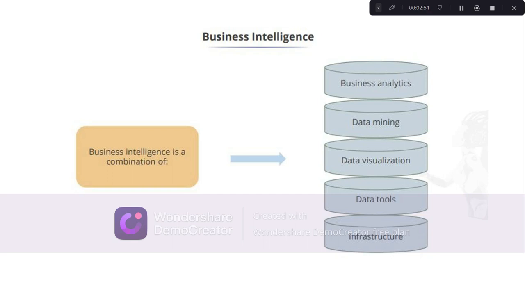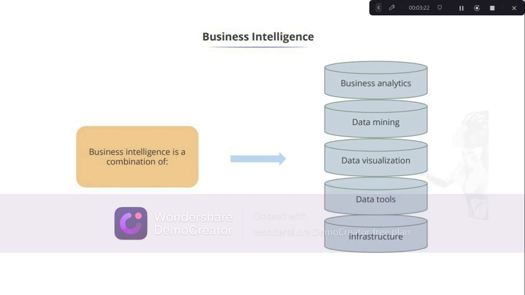So it is a combination of everything. And data visualization, we will get deeper into later. Data tools is a series of charts, maps, and diagrams designed to collect, interpret, and present data for applications and industries. And infrastructure is similar to data analytics.